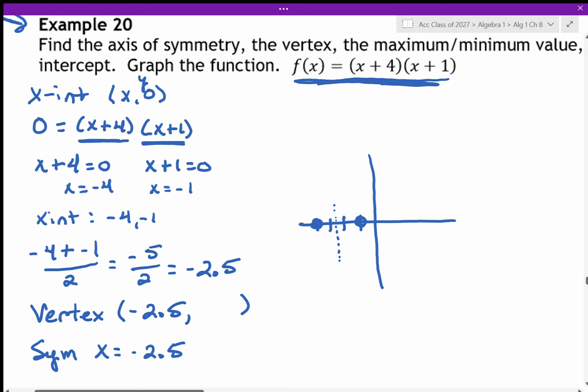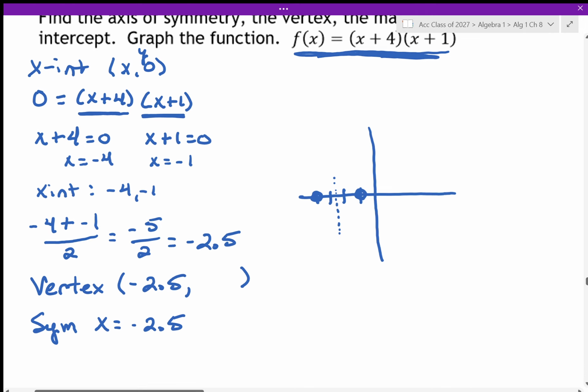Now, much of the rest of the problem is going to be similar to our standard form, where we're going to plug this negative 2.5 into our function. So I'm going to say f of negative 2.5, that's equal to negative 2.5 plus 4 times negative 2.5 plus 1.